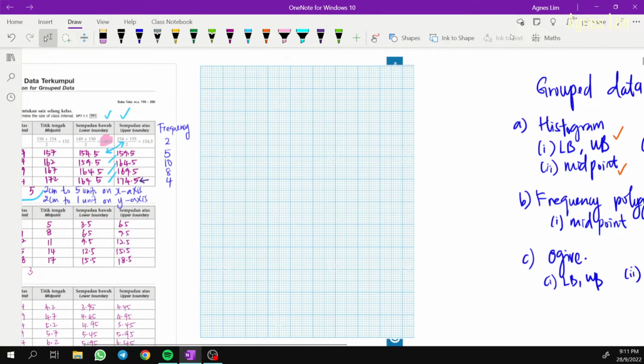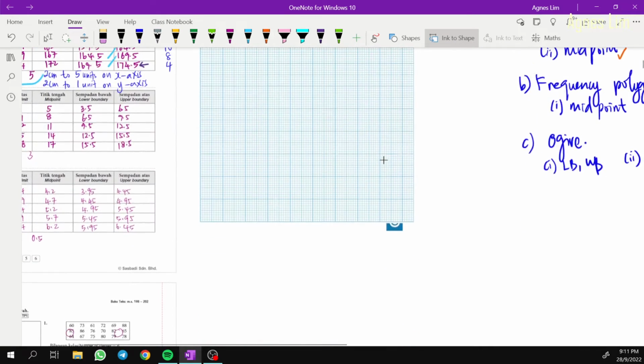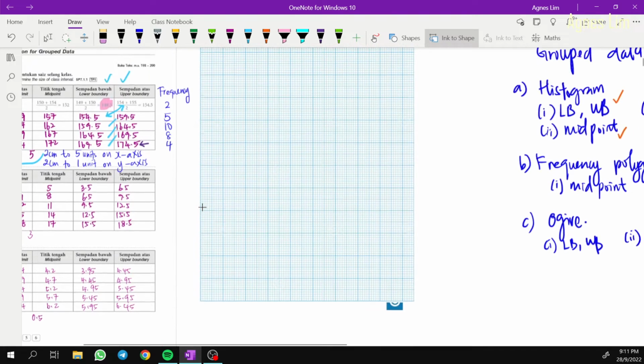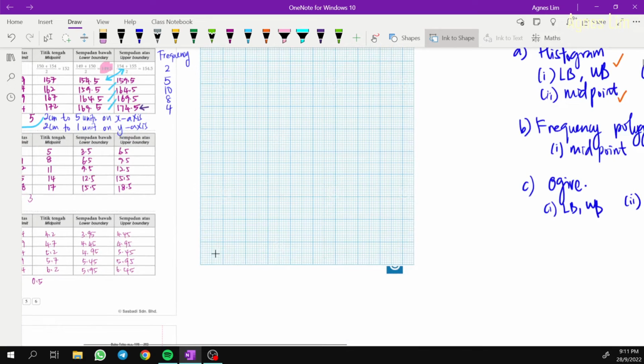Of course, we will need our axis. So what I want to do is make sure that your axis is about 2 centimeters from the edge of the graph, or 1 centimeter depending on the size of the graph. Okay, so let's draw a straight axis first.